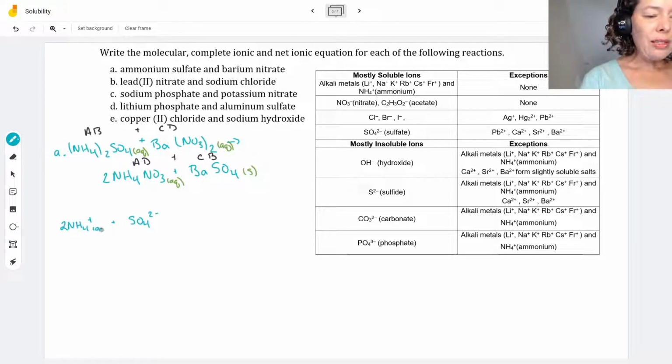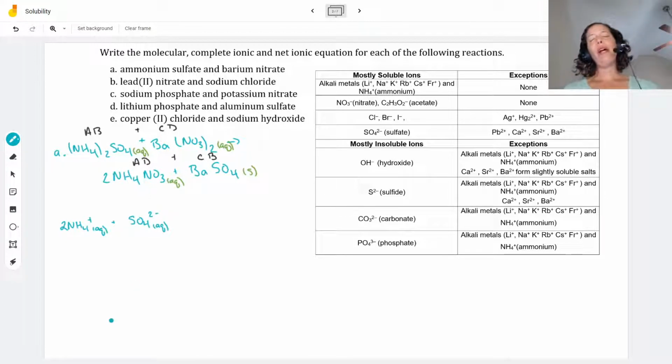And obviously, if you are taking an ionic compound and breaking it into cation and anion, I'm trying to think if there's any time where you would not write aqueous, because if it's not soluble and you don't get a cation and anion, then it would be a solid. So anytime you see a cation or an anion written alone in a reaction, it should have AQ afterwards because it's aqueous, it's soluble. Okay, so that's ammonium sulfate.